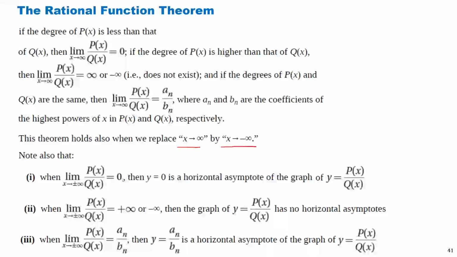And when the limit equals positive infinity or negative infinity, when x approaches either positive or negative infinity, then the graph has no horizontal asymptotes. When the limit of the function equals an over bn, when x approaches positive or negative infinity, then y equals an over bn is a horizontal asymptote of the graph of this function. Okay?